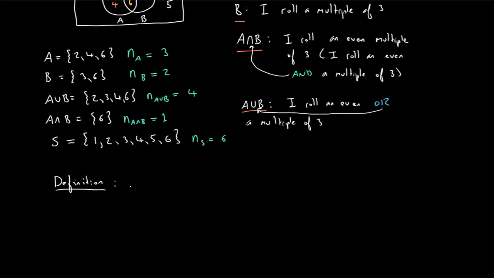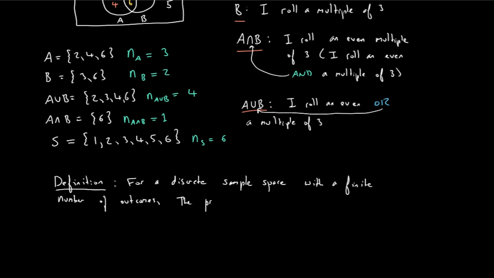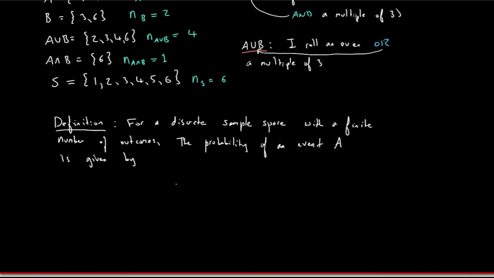For a discrete sample space with a finite number of outcomes, the probability of an event A is given by this expression.